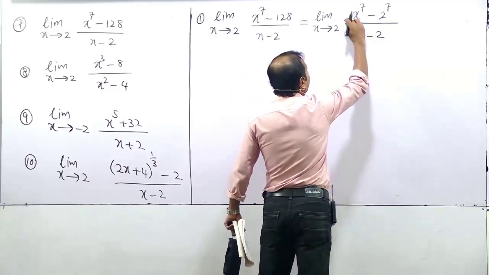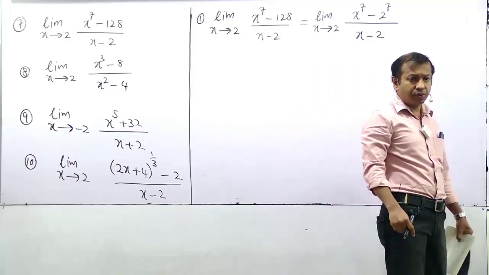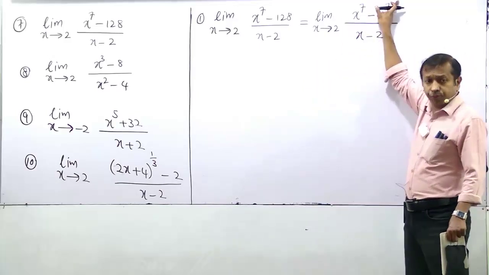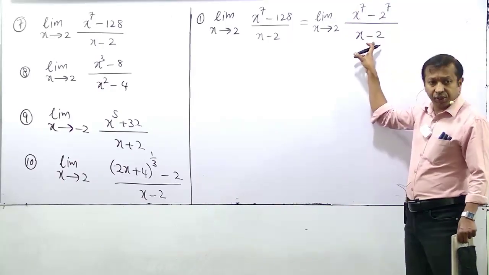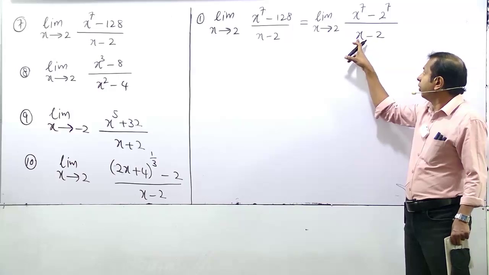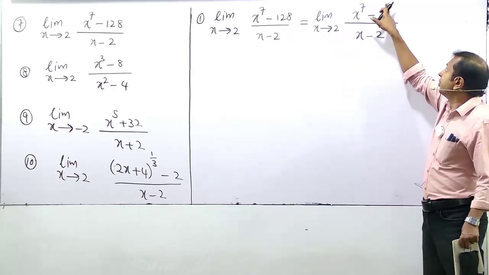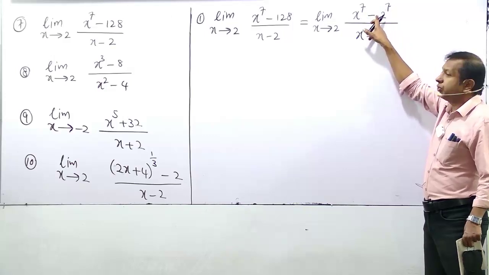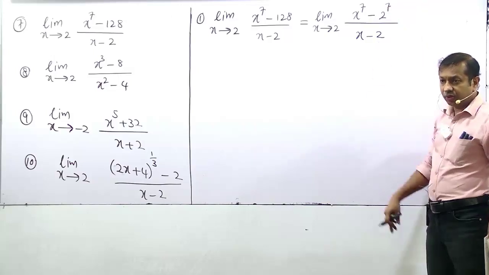Now see whether this is available in accordance with our theorem. Yes, these two powers are equal. Once we ignore the powers, what we have is x minus 2 at the denominator, and x going to 2 in the limit. Then what is the answer? 7 comes before 2, and the new power of 2 is 7 minus 1.